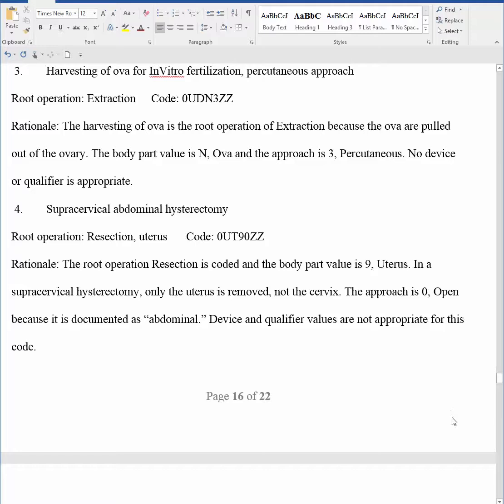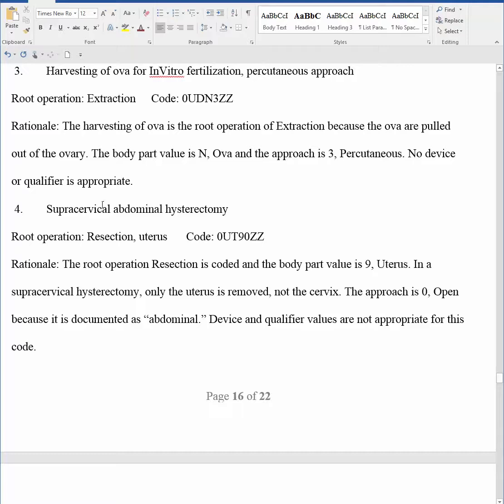Number 4 is a supracervical abdominal hysterectomy. All of the patient's uterus is being removed. That equates to the root operation of resection. It's documented as going through her abdominal cavity.